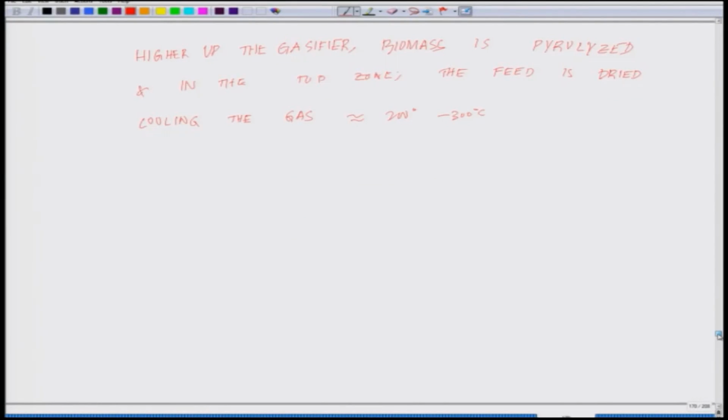Coming back, the third important point you will have to remember is that in the pyrolysis zone, where the volatile compounds are released, considerable quantities of tar are formed, which condense partly on the biomass higher up and partly leave the gasifier with the product gas.